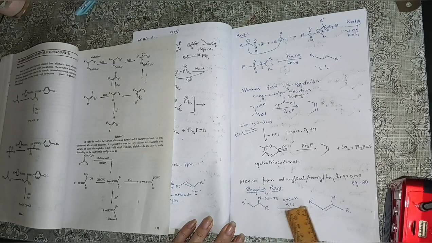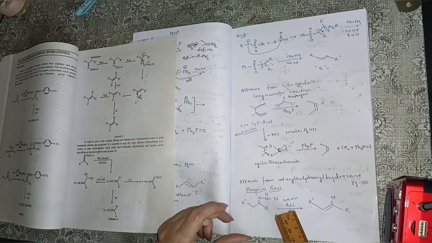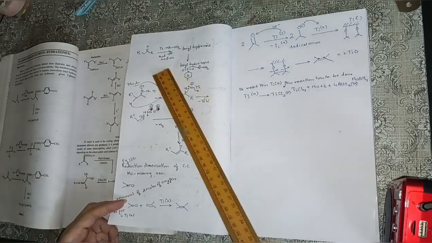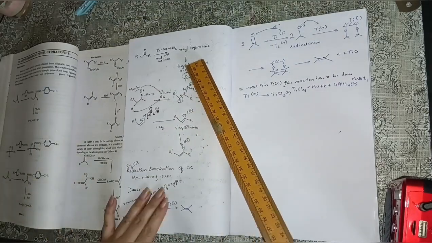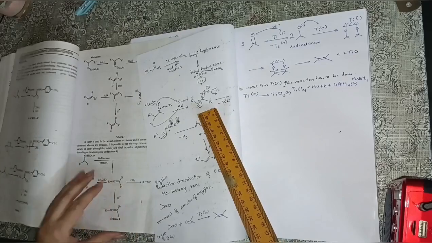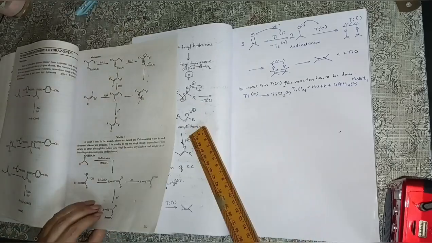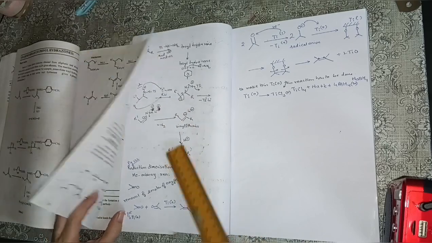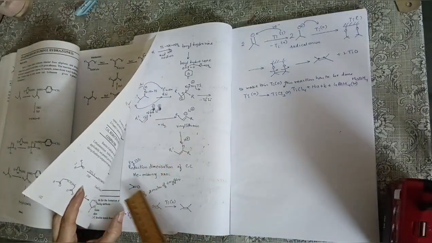Shapiro reaction, excess of reagent is used. This is the mechanism in which vinyl lithium is produced.